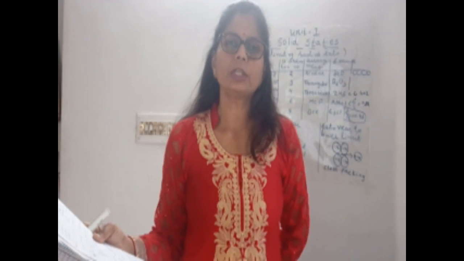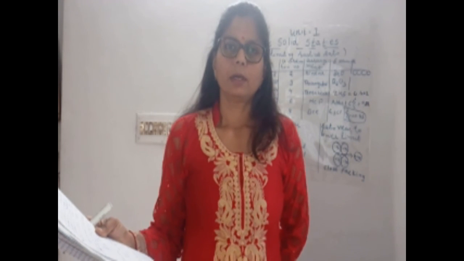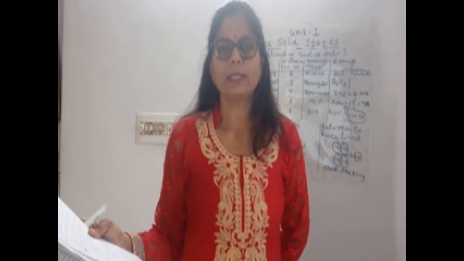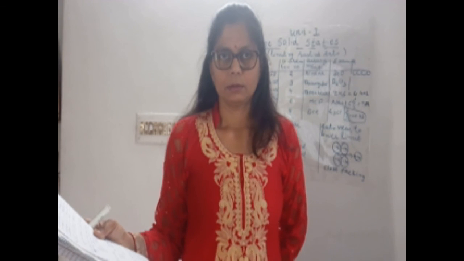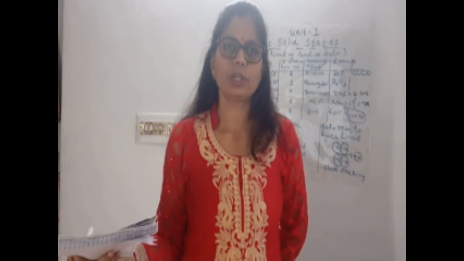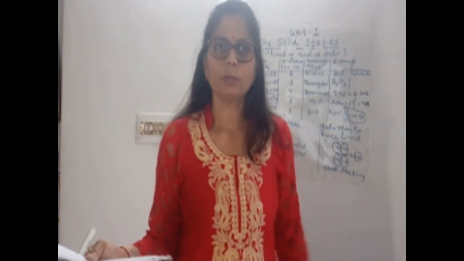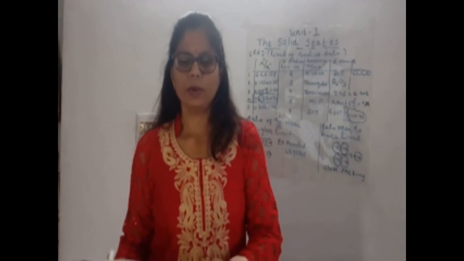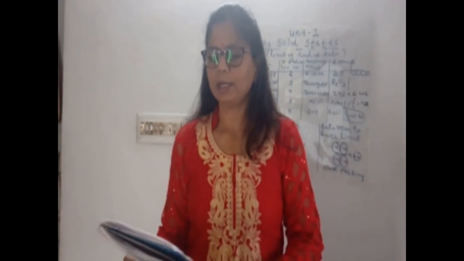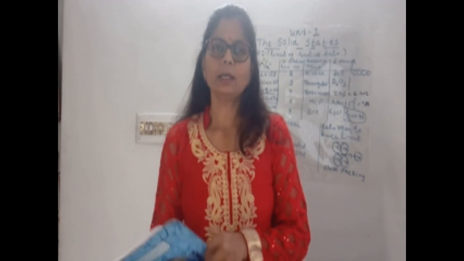Write the coordination number and shape of NaCl. So this is also the way the question can be asked to you from this table which I have given you. So this is a very important part: limiting radius ratio and the voids.